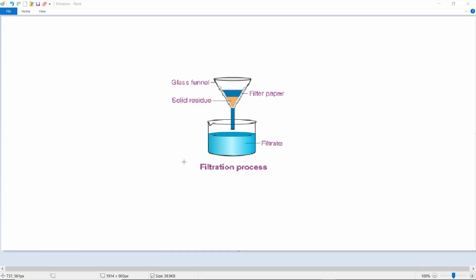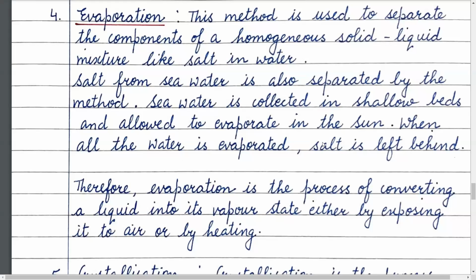Mixtures like chalk and water, clay and water, tea and tea leaves, sawdust and water are separated by the method of filtration. Now, the next technique of separation is evaporation.